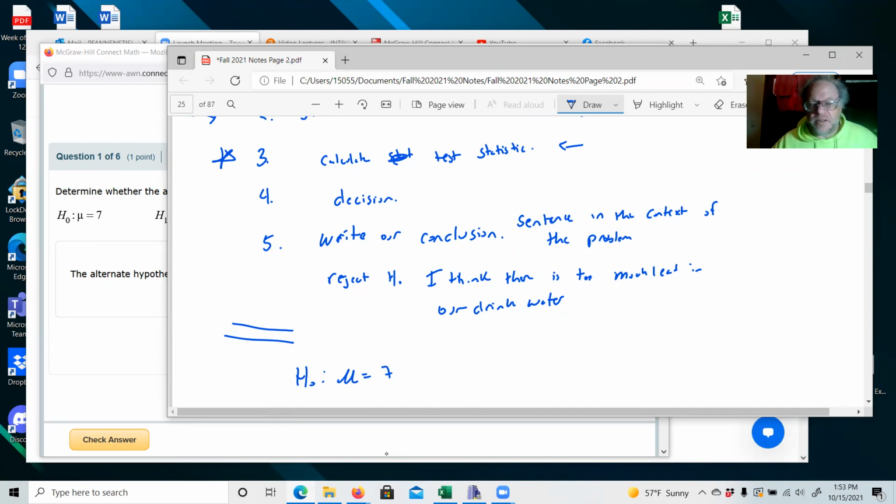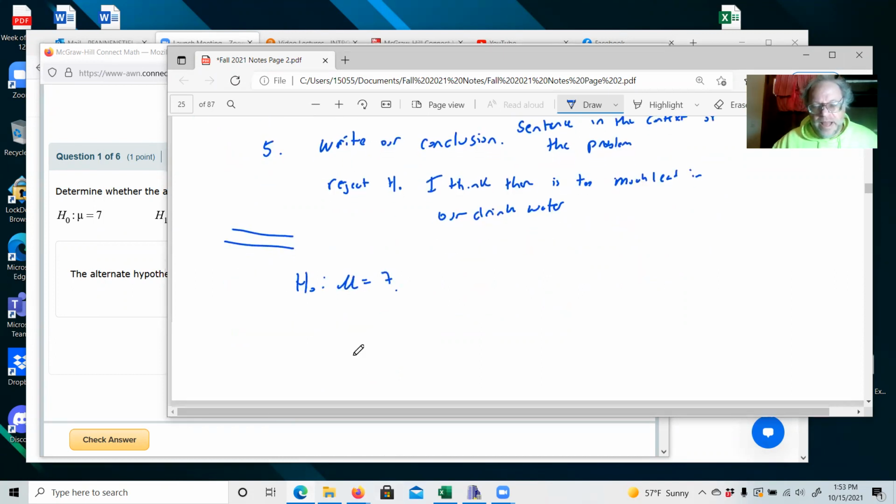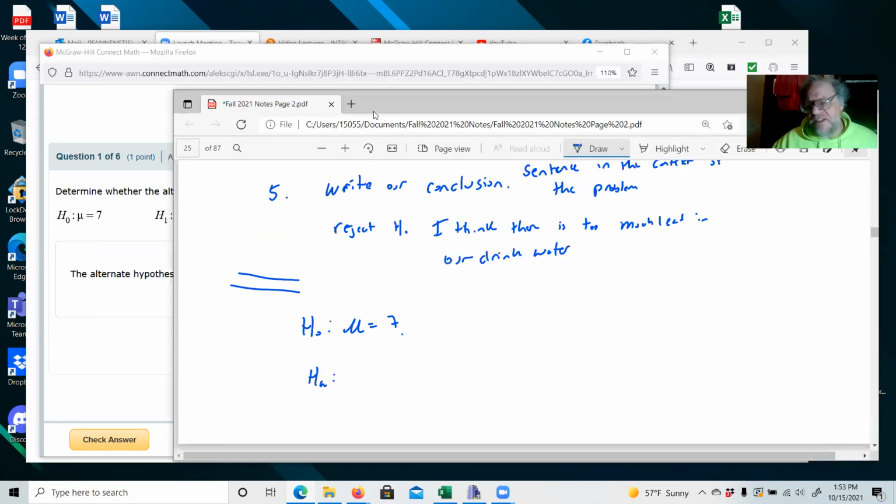Maybe we're buying a package of cookies, and we want to say that the package of cookies is 7 ounces. Your alternative hypothesis is it is less than 7. I feel a little shorted. Nobody complains about getting too many cookies. I feel a little shorted in this scenario.